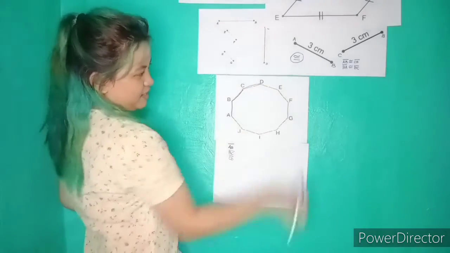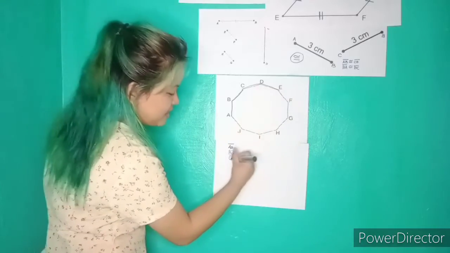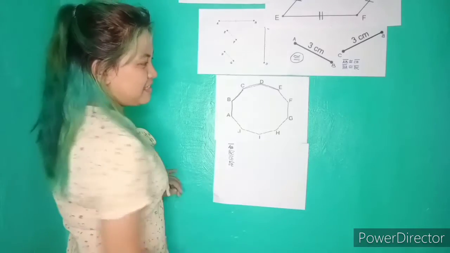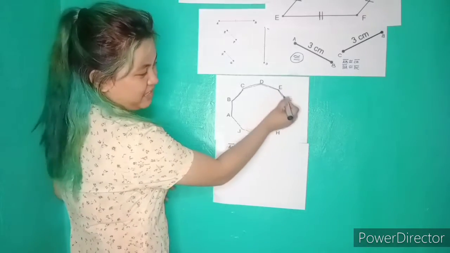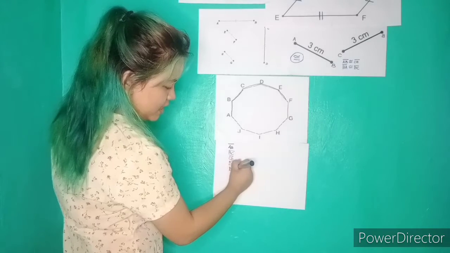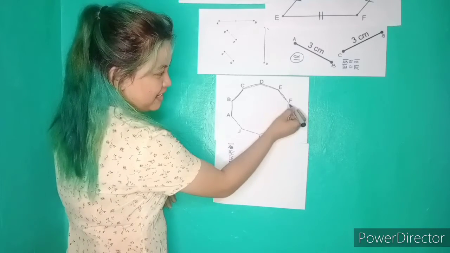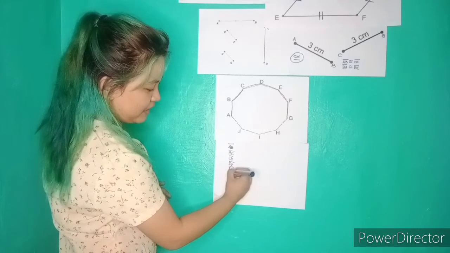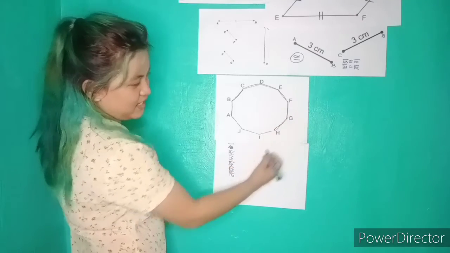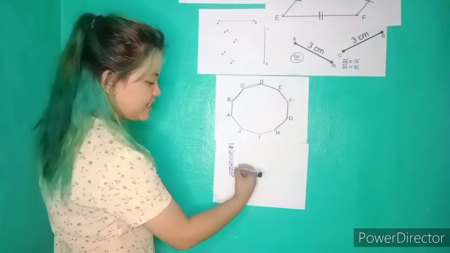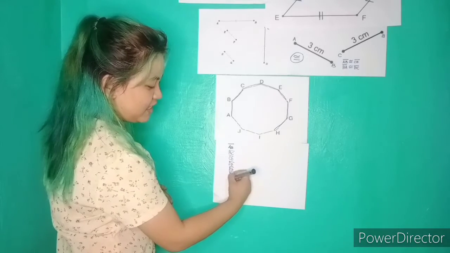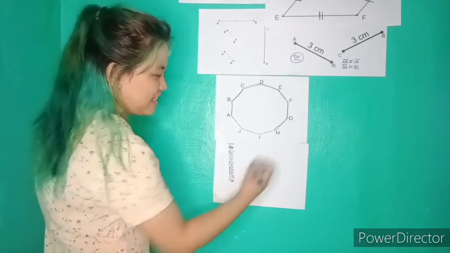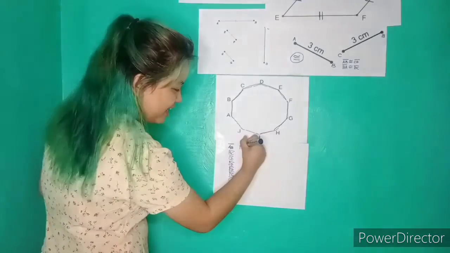And so another one, we have line segment DE. Next, we have EF. Next one is we have FG. Very good. Next is GH. Another. Yes. Nice. We have here HI.